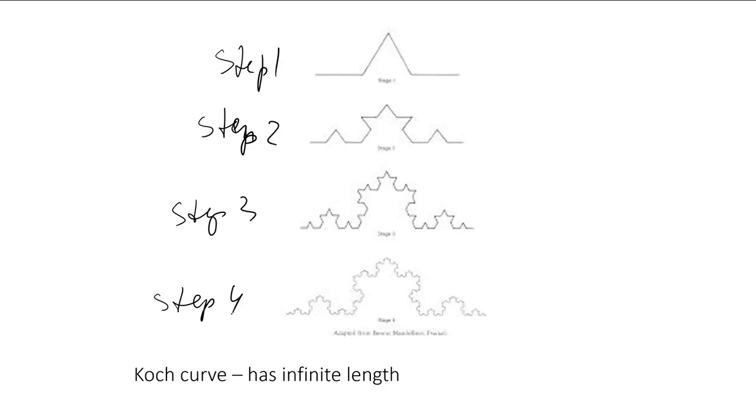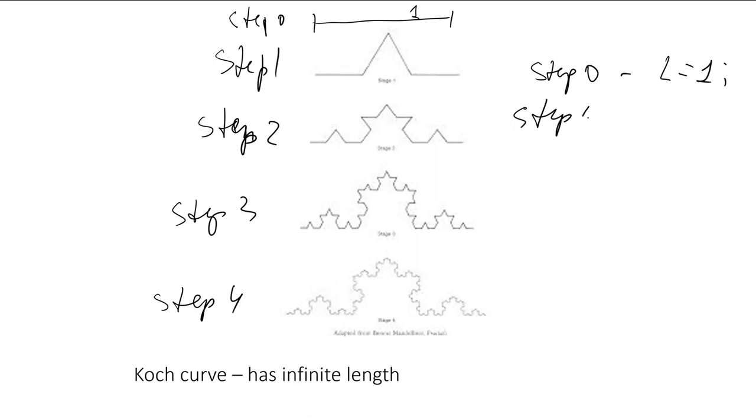And it has infinite length because, I will put here step 0, where we have only 1 segment of length 1. So at step 0, length is equal to 1. At step 1, we now have 4 segments. Each segment has length 1/3, so it's 4 times 1/3.